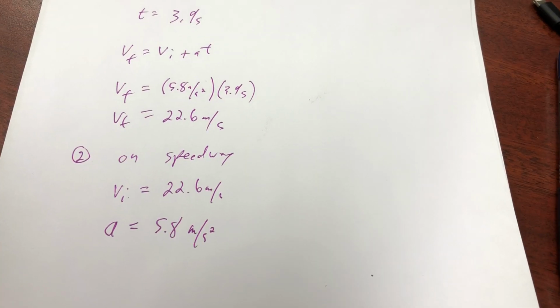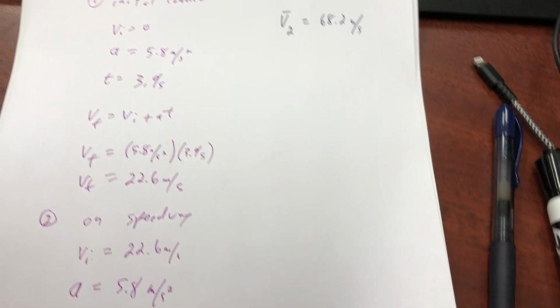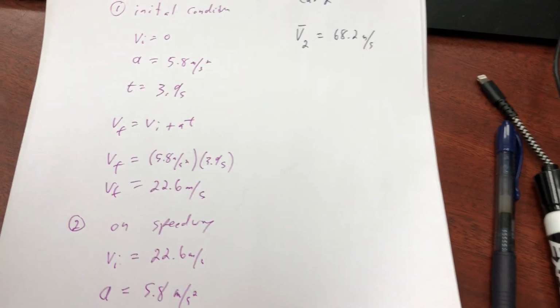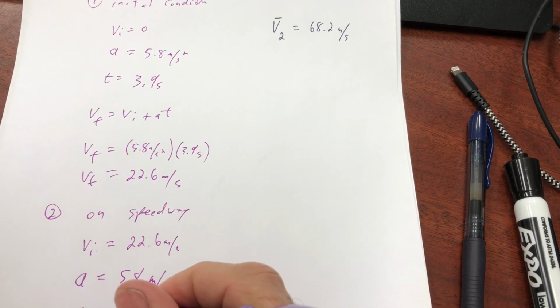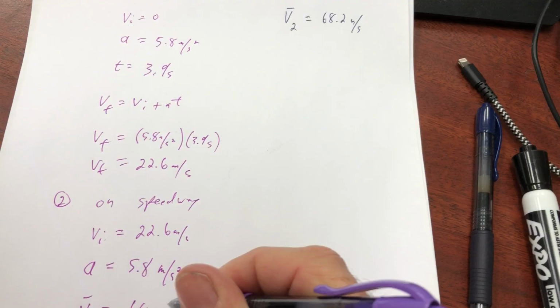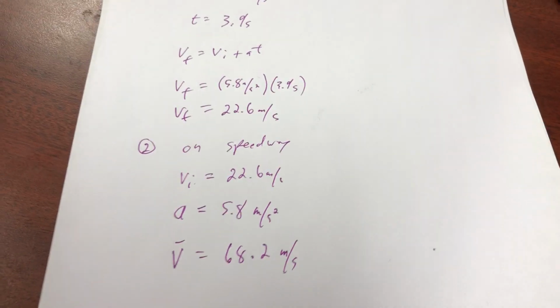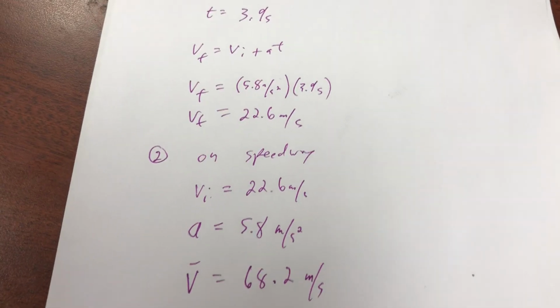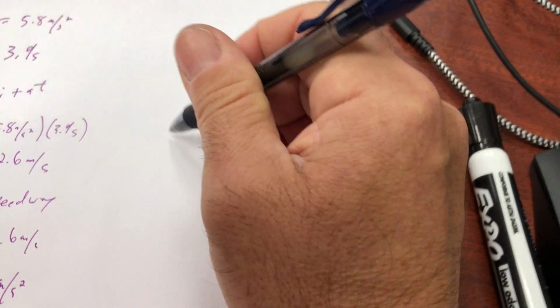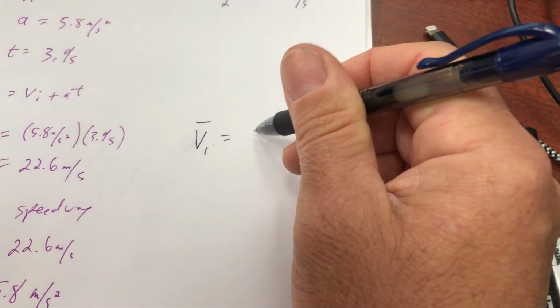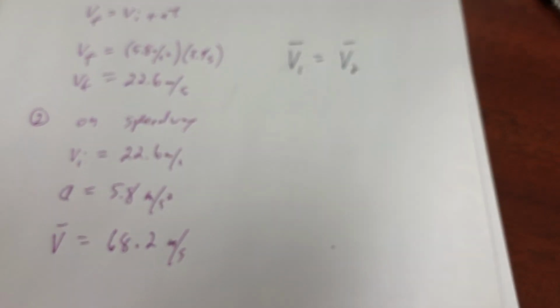And we know that he catches up to the other car. So therefore, I know that his V average is going to be equal to 68.2 meters per second, right? And ultimately, I know that because the cars catch up to each other, average V1 equals average V2, that's where I got this from.